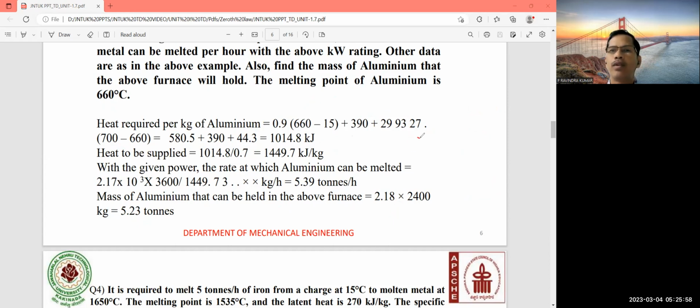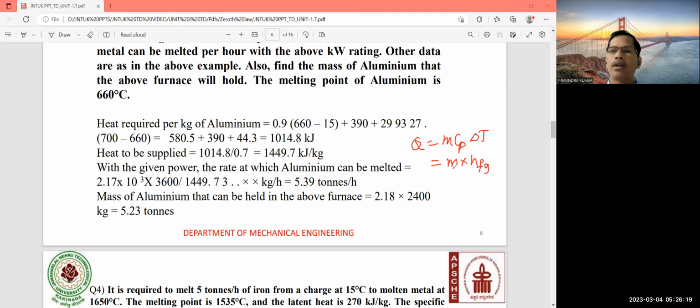When you use Q is equal to mCp delta T, this is the sensible heat, and this is nothing but the latent heat.